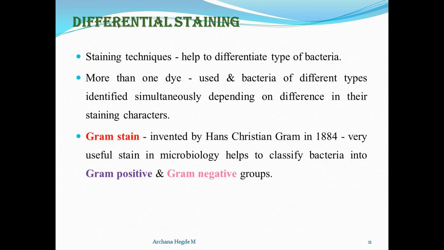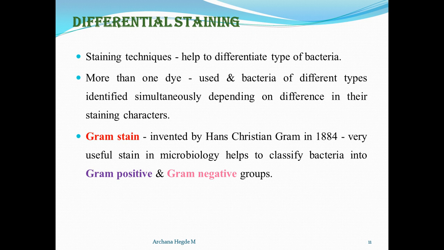In this, two types are there, gram stain and Ziehl-Neelsen stain. Gram stain was invented by Hans Christian Gram in 1884. The name gram was given in honor of the scientist who invented this stain, hence the name gram stain.